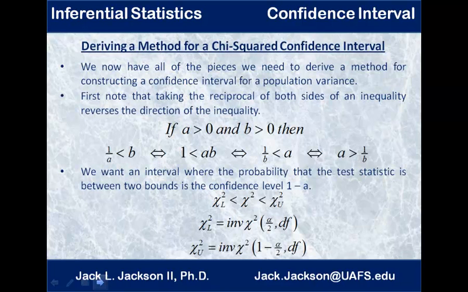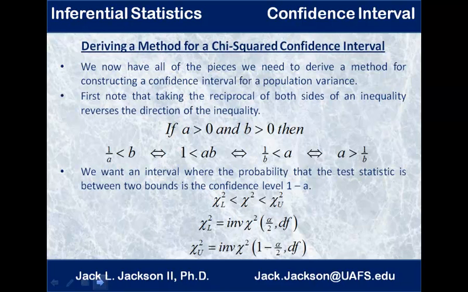So notice if I start with the original, 1 over a is less than b, and reciprocal both sides, I get a on the left and 1 over b on the right, but look what happens. It switches from a less than to a greater than. So in general, if you reciprocal both sides of an inequality, you can do that, but it reverses the direction of the inequality. Okay?